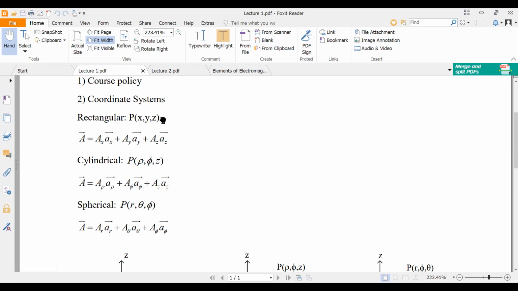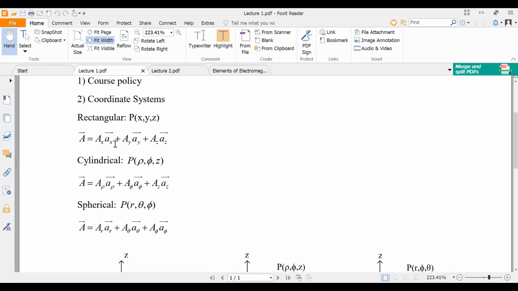A point is represented by X, Y, Z, or in cylindrical, it is rho, phi, Z, and in spherical, it is R, theta, and phi. Any vector is represented with A and small a. Our Sadiku book uses this small a with an arrow as the unit vector along the x-axis.